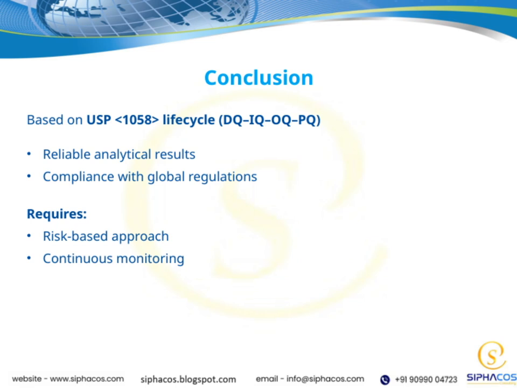New regulations, new challenges, and ongoing oversight ensure we're staying compliant and maintaining the quality of our analytical methods over time. So ultimately, by integrating the life cycle approach with a risk-based mindset and continuous monitoring, we can consistently deliver reliable results that meet global standards and support our overall quality and compliance objectives.